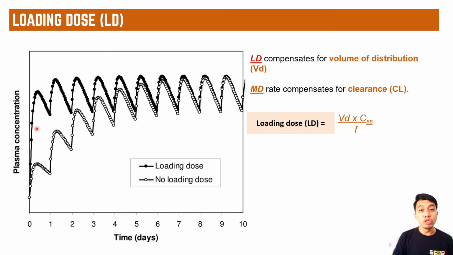Unlike the equation that is used to calculate the steady-state concentration as well as the maintenance dose, where the drug has already been distributed throughout the body and has reached the desired steady state concentration, where the drug in is equal to drug out, the equation for loading dose focuses on the patient who has yet to reach the desired steady-state concentration. Therefore, the volume of distribution is important for determining the loading dose, as opposed to the clearance that is used in the maintenance dose.